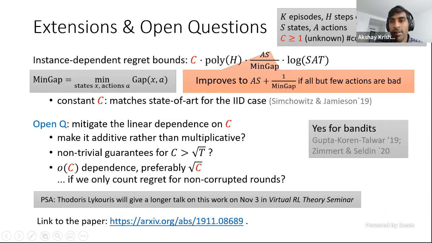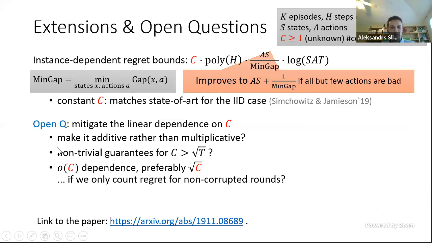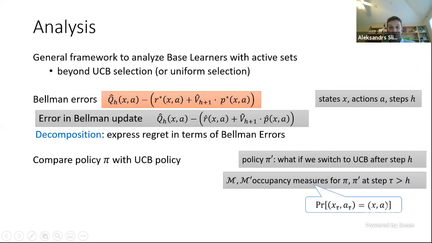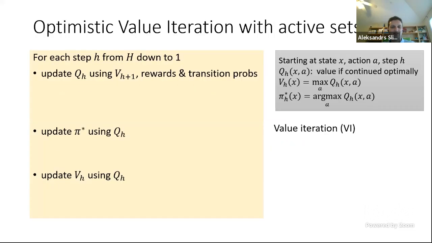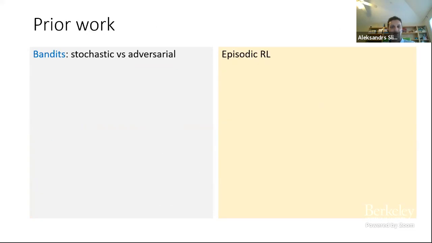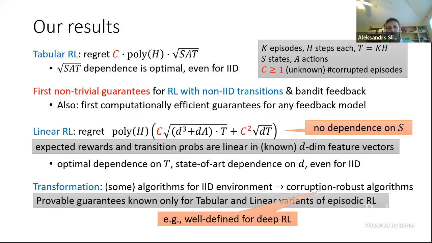Can I ask a quick question? For the linear MDP case, are you paying for the number of actions? Yes, that's one way in which we are not matching the state of the art. We pay for the number of actions, but not for the number of states.